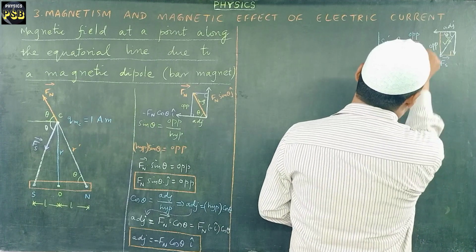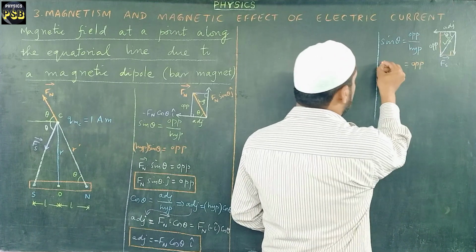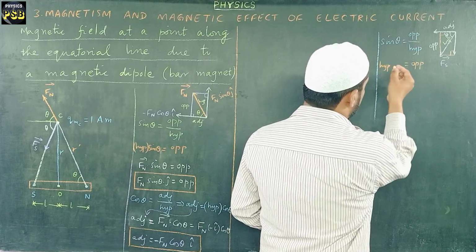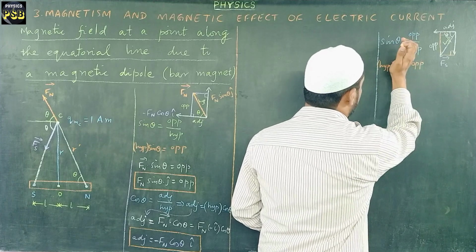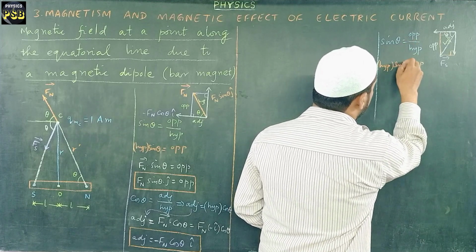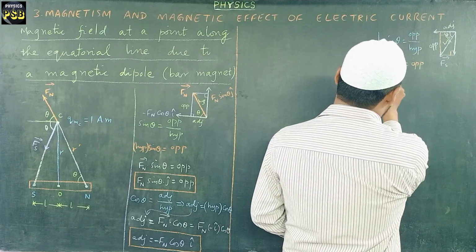That I cross multiply. Keep opposite side here. Hypotenuse taken this side, so it will multiply with the sine theta. So rearrange it.